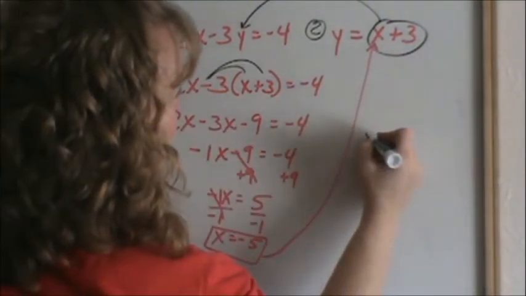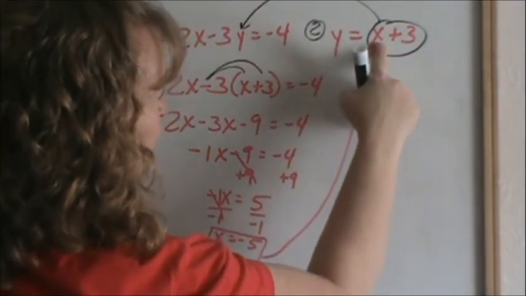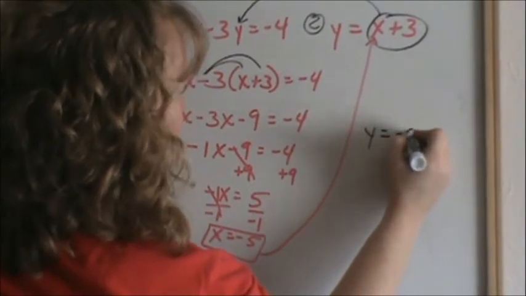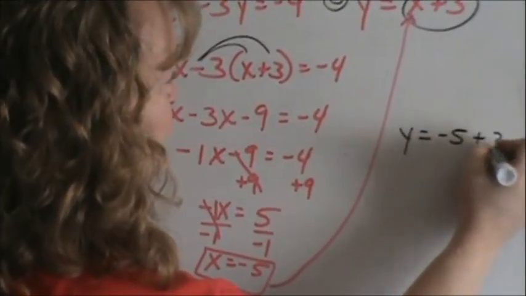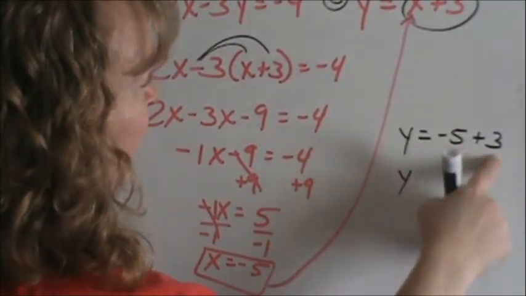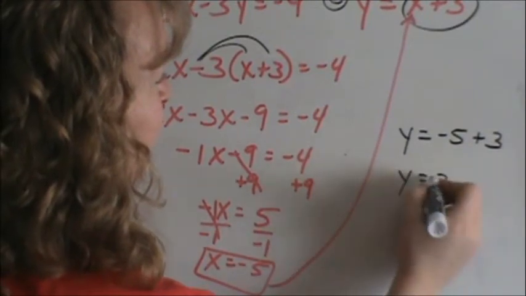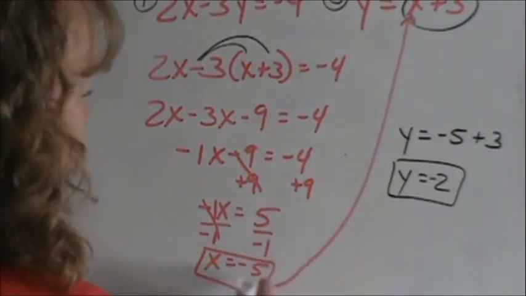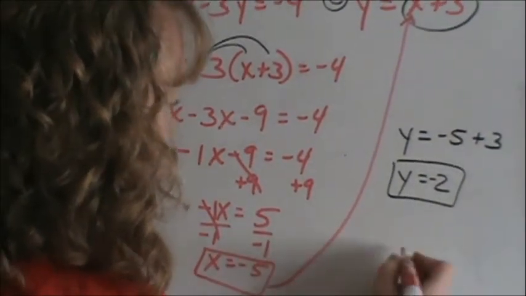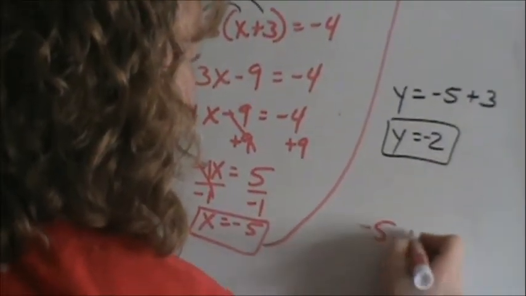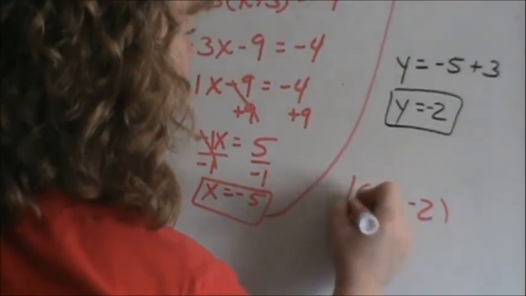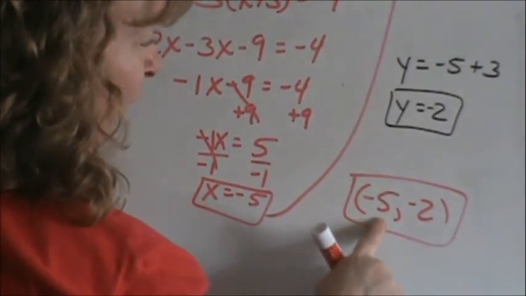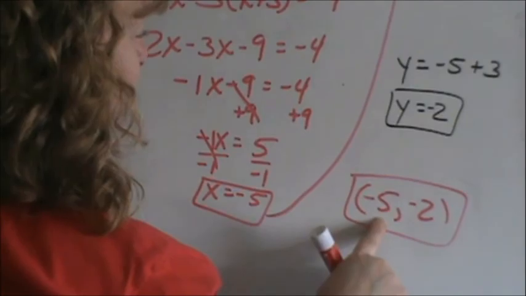So I can say y equals, plugging negative 5 in right there, keep your signs, plus 3. And negative 5 plus 3 is negative 2. I can also write that as a coordinate, x value first, negative 5, negative 2, and that is a coordinate on a graph where those two lines would intersect.